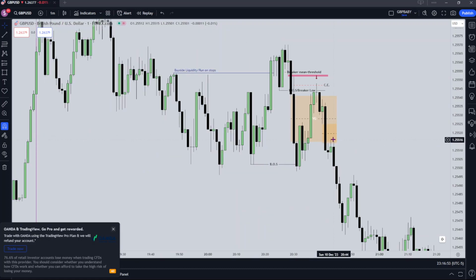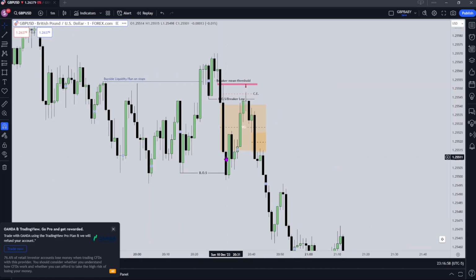And then you can see price trades away, leaving this range quite nicely too. This is a breaker, high, low, higher high, and then we break lower. But I see this as like an inversion, or bearish order block.